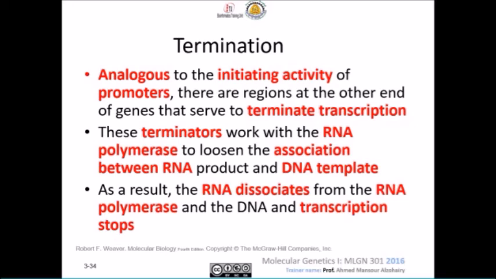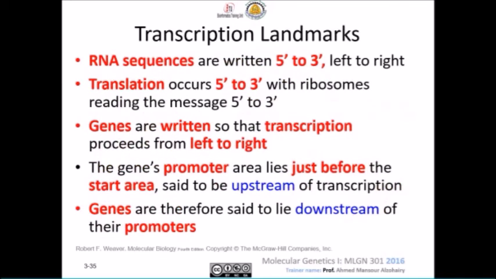These terminators work with the RNA polymerase to loosen the association between the RNA product and the DNA template. So from that we can understand that there is a promoter at the beginning of the gene and a terminator at the end of the gene. As a result, the RNA dissociates from the RNA polymerase and the transcription stops.